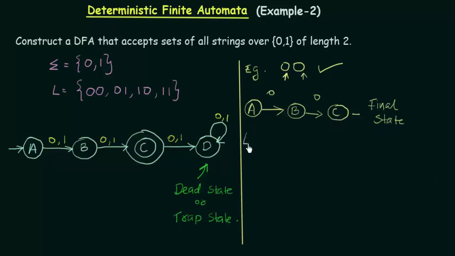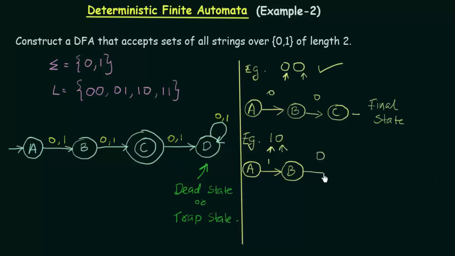Now let's check another one. Let's check for 1, 0 now. Again, I start from my initial state A and the first input is 1. State A, on getting input 1, goes to state B, right? And now the next input is 0.